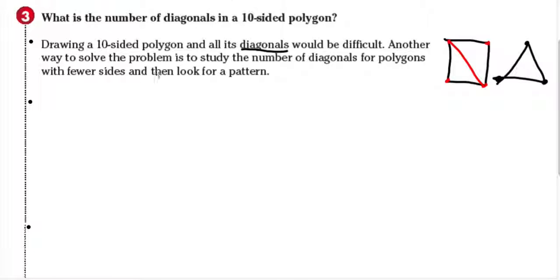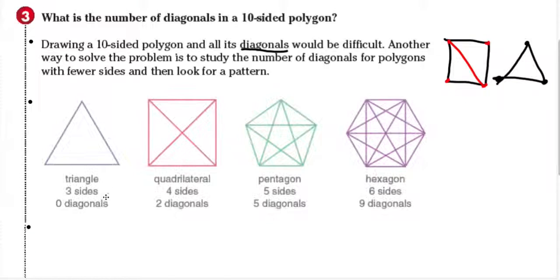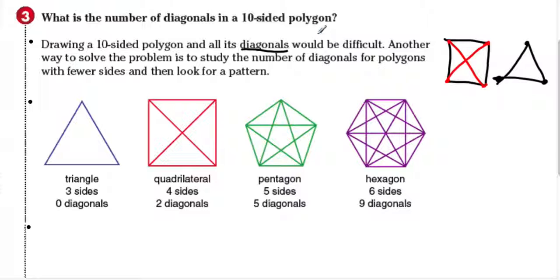Let's draw this out and let's see if we can find a pattern. Triangle has no diagonals. A quadrilateral, 4 sides, has 2 diagonals. If you consider this other vertex right here, this will have another diagonal connecting to the other vertex. A pentagon, 5 sides, has 5 diagonals, and a hexagon has 9 diagonals.